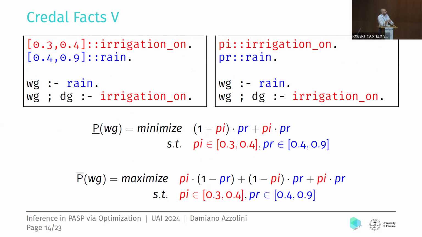And then to compute the probability of the query, let's say WG, wet grass, in the original program, it is sufficient to minimize the equation we extracted from this other program, where the values of the variables must be in the range described by the original credal facts. So by solving this optimization problem, we get the probability of wet grass in this initial problem, where irrigation may lie in the range 0.3, 0.4, and rain may lie in the range 0.4, 0.9.